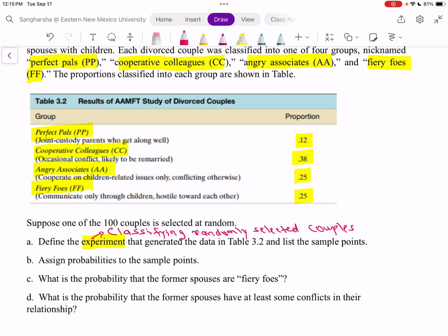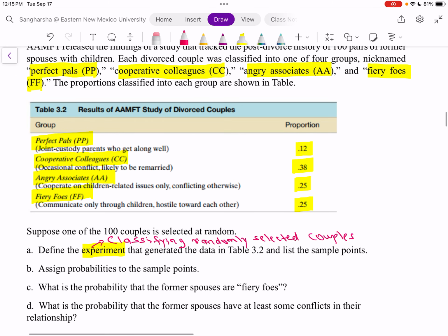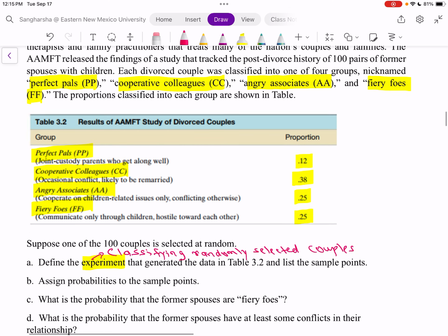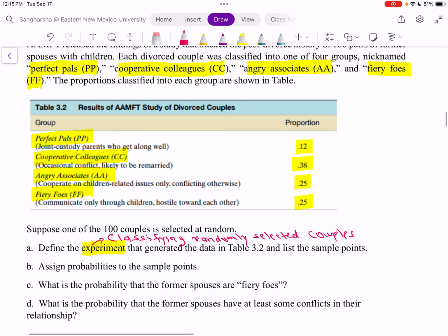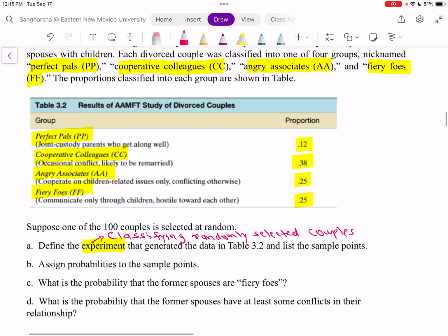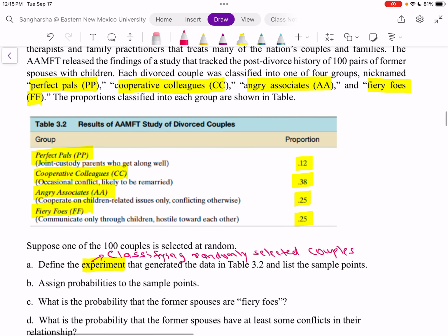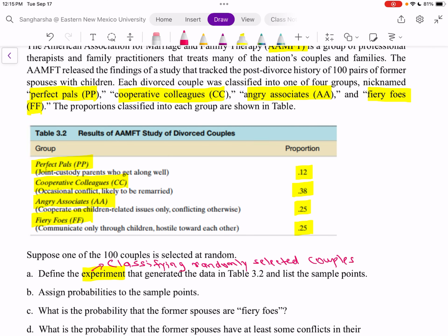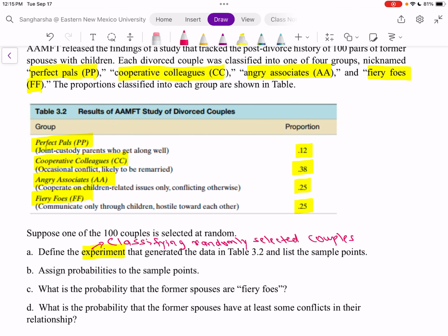Now, once they classify, what are the results or outcomes they had? What are the groups they have for these 100 pairs of former spouses? Perfect Pals, Cooperative Colleagues, Angry Associates, Fiery Foes.